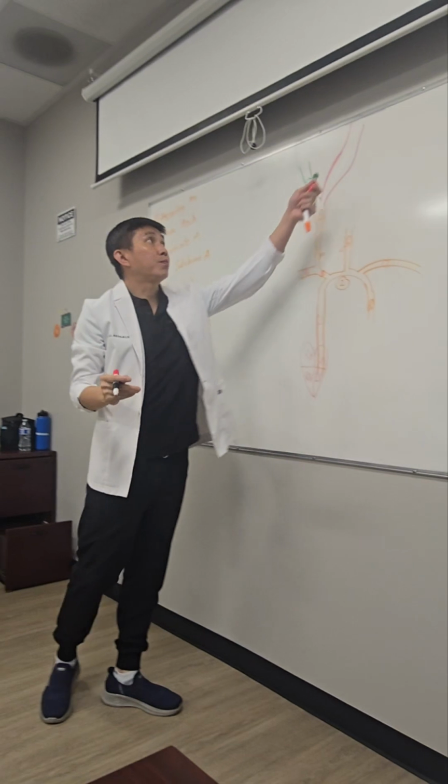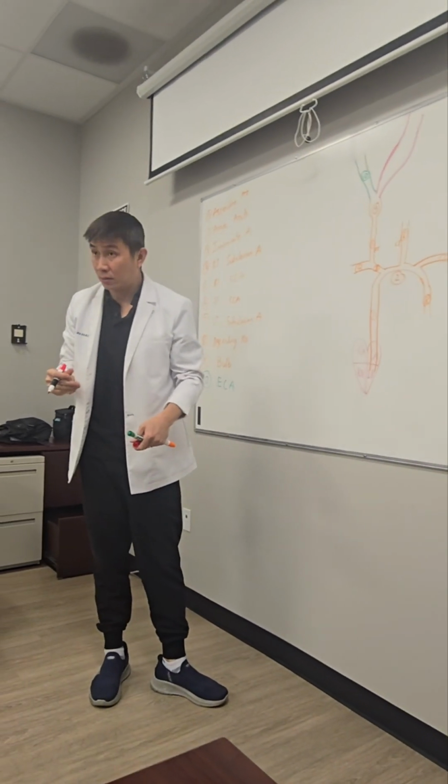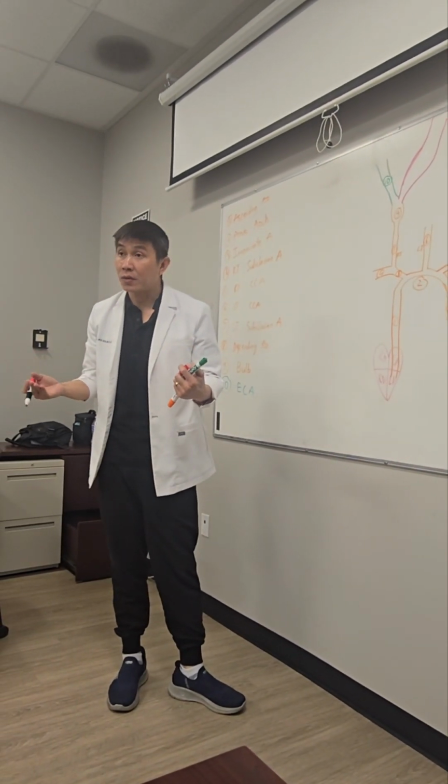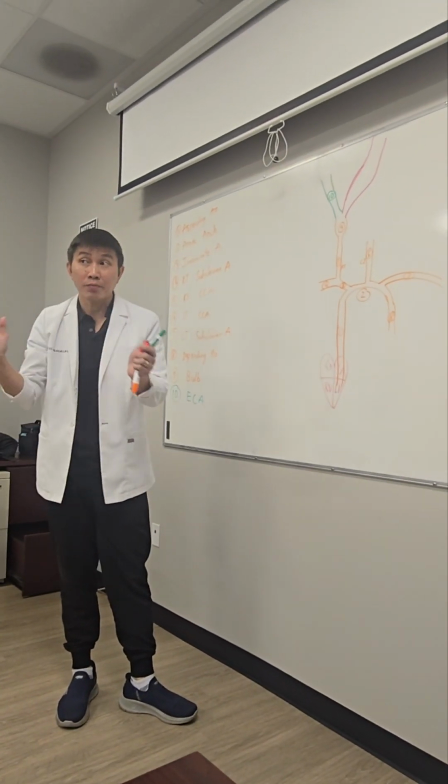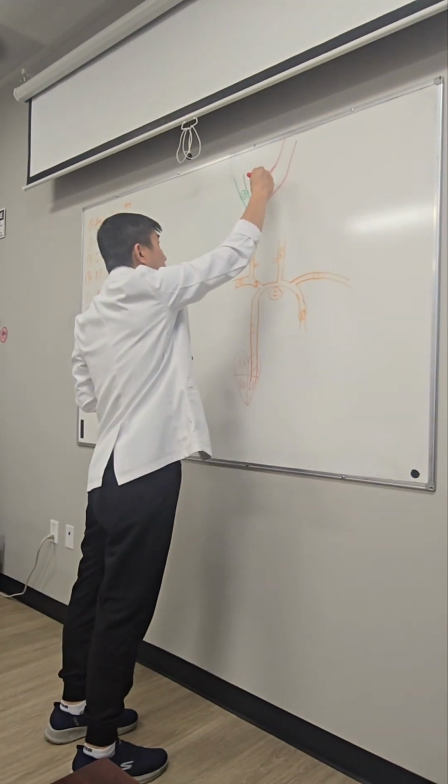You see, I try to draw the internal bigger because, between the two arteries, this one is more important since it supplies the brain. So that's why it's bigger. This is number 11.